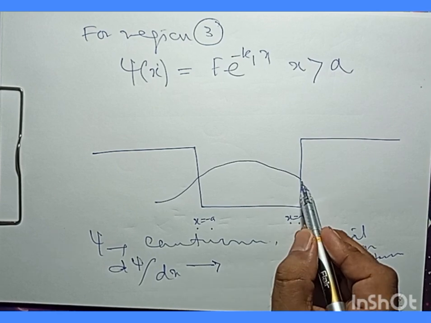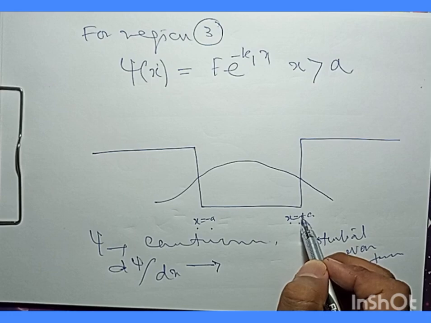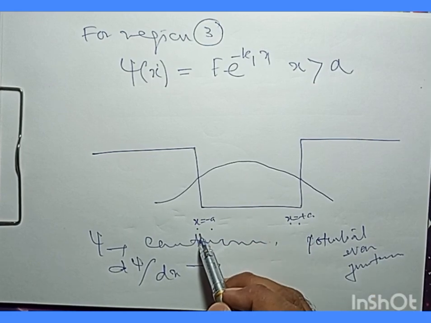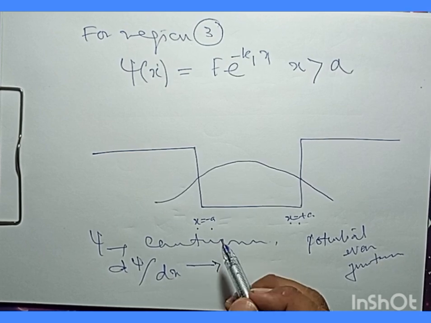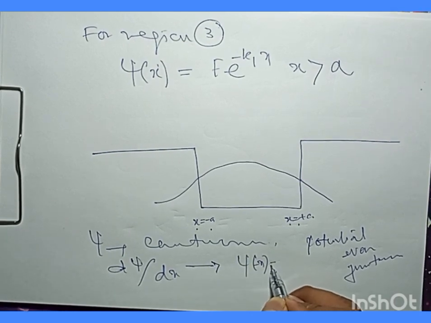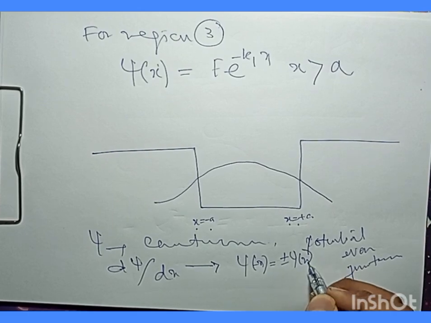In this case, we will apply boundary conditions on the right side, I mean at x equal to plus a. The other side, x equal to minus a, is then automatically handled, and you will have psi of minus x equal to plus or minus psi of x.